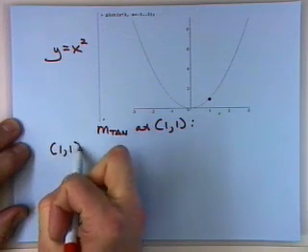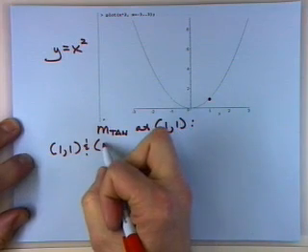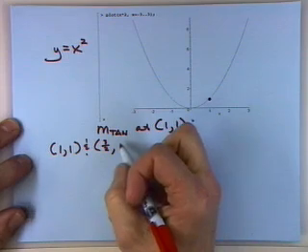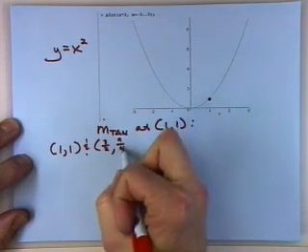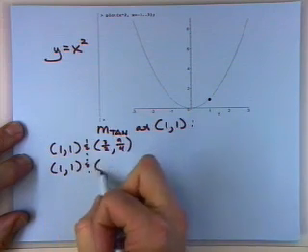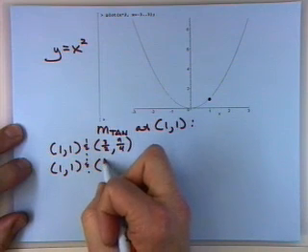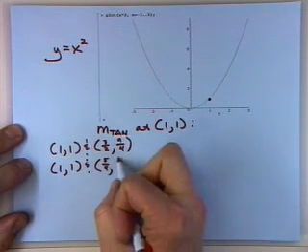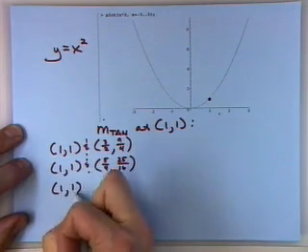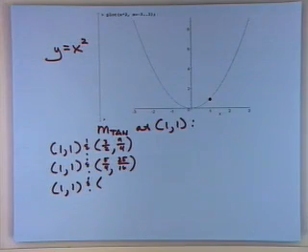So let's take 1, 1, and let's say 1.5, excuse me, 1.5, the square of 1.5. Then let's get a little closer. So instead of 1.5, let's say 1.25. And let's get a little closer even still with the next point.